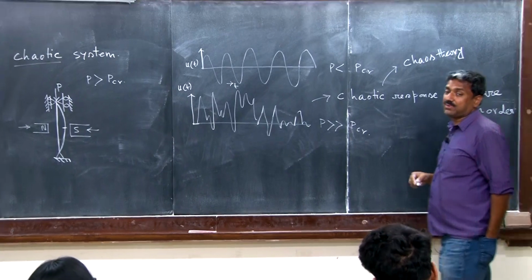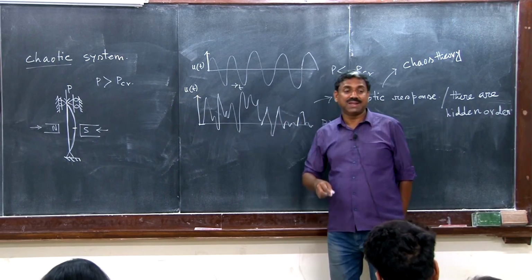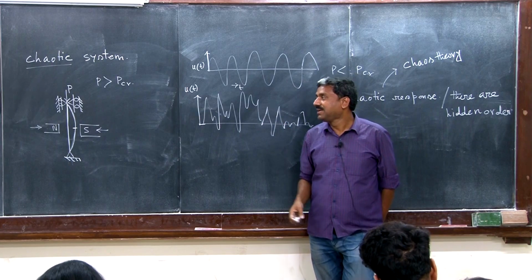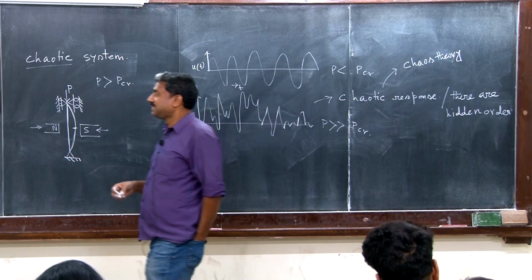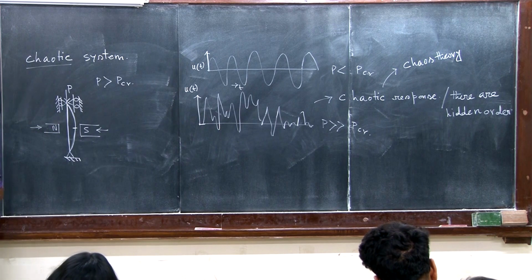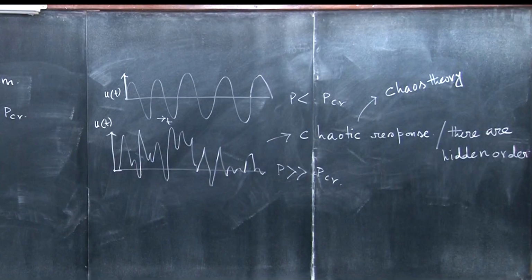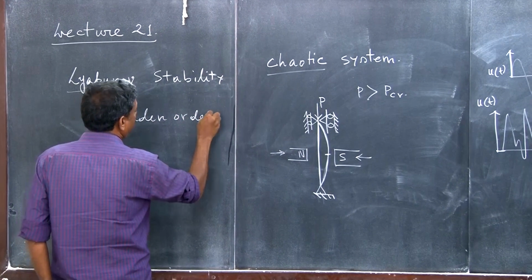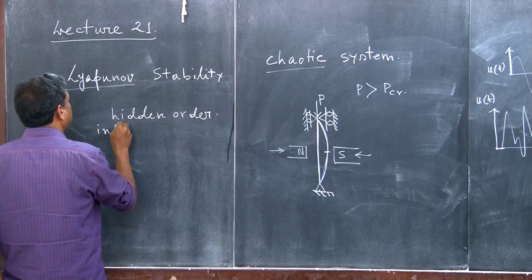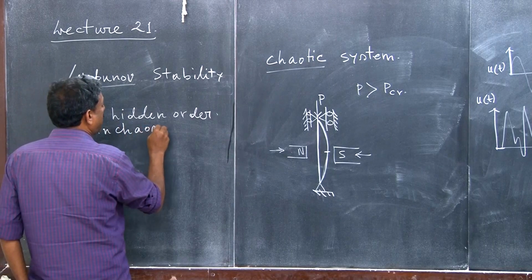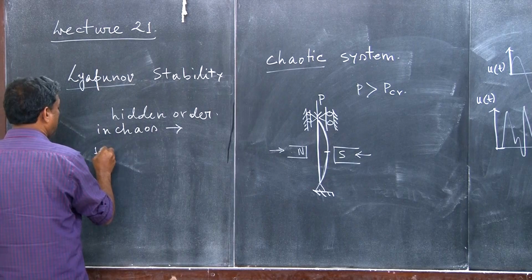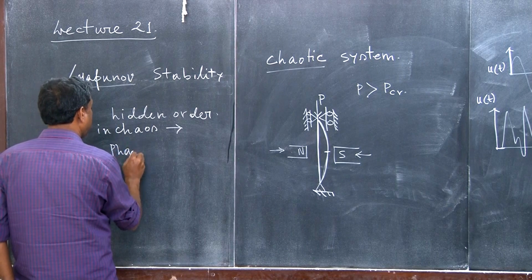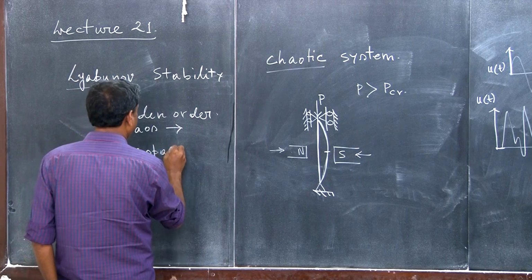How can you explore hidden order? There are various mathematical techniques through which you can find out the hidden order, and this hidden order is basically the subject of chaos. Okay. So the hidden order in chaos is found out by, of course, one, phase space representation.